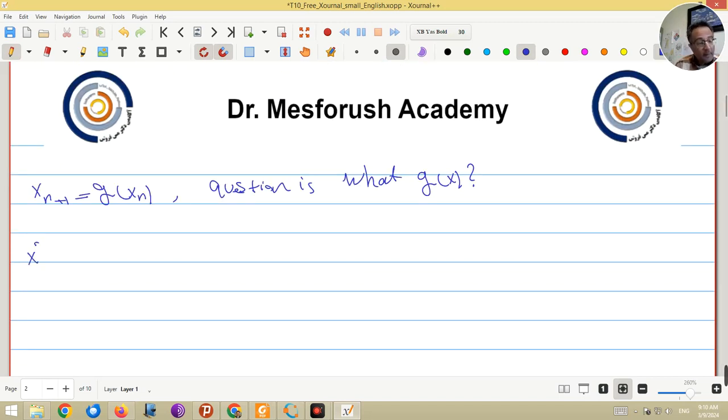Let us consider x squared minus x minus 2 equal to 0 and we get x squared equal to 2 plus x, and this gives x equal to square root of x plus 2. Now, we define this one as g of x.